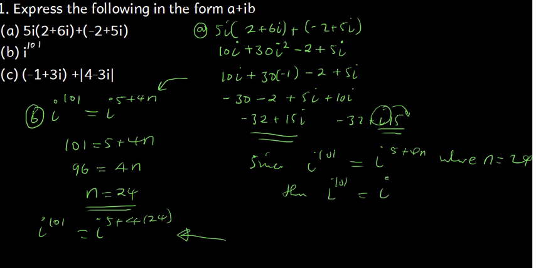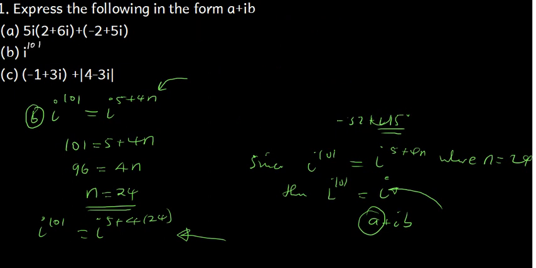An i, because we know it can be written in this form. And so that will be the form a plus ib. It's just that if we write it in the form a plus ib, we don't have a, because a is 0. So it is just along the imaginary axis. There is no real value. That is why it is written in that form. Alright, let's consider the last one that we have on here.